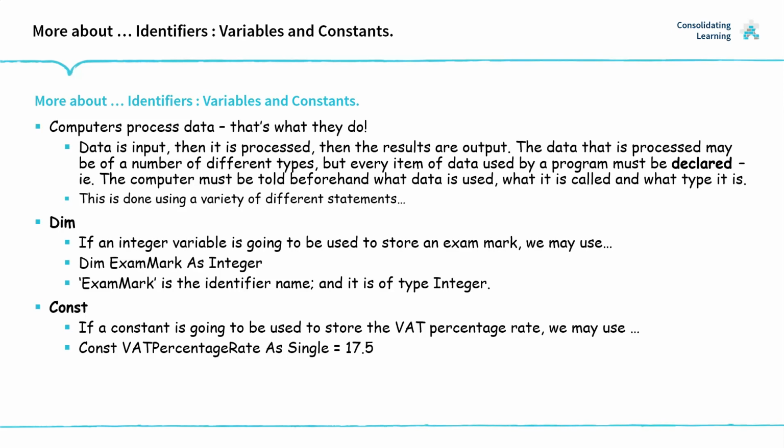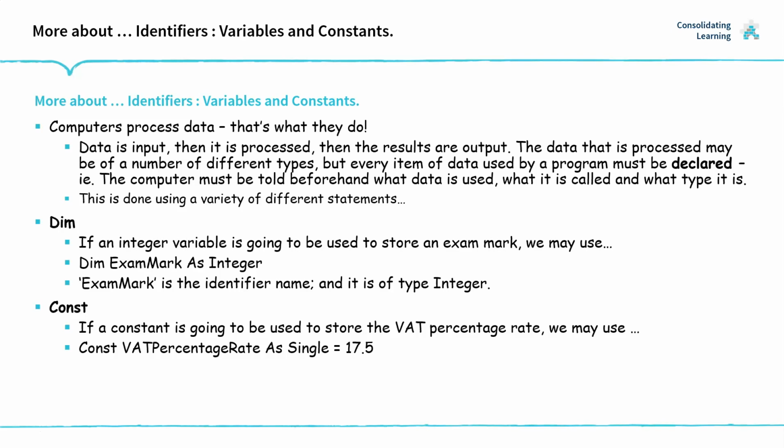A Const, or a constant, is very similar to a variable. It will store a value. However, that value will not change. If a constant is going to be used to store the VAT percentage rate, we may use Const VATPercentageRate As Single = 17.5. Basically, we are creating a constant.